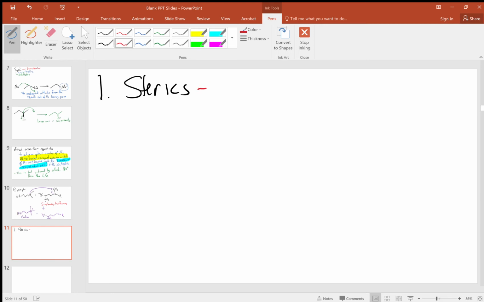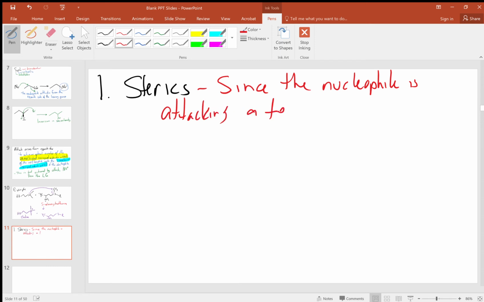This is important because if you think about what's going on, because the nucleophile is attacking a tetrahedral carbon, whatever's already on that carbon is going to play a role in how or even if this reaction takes place.